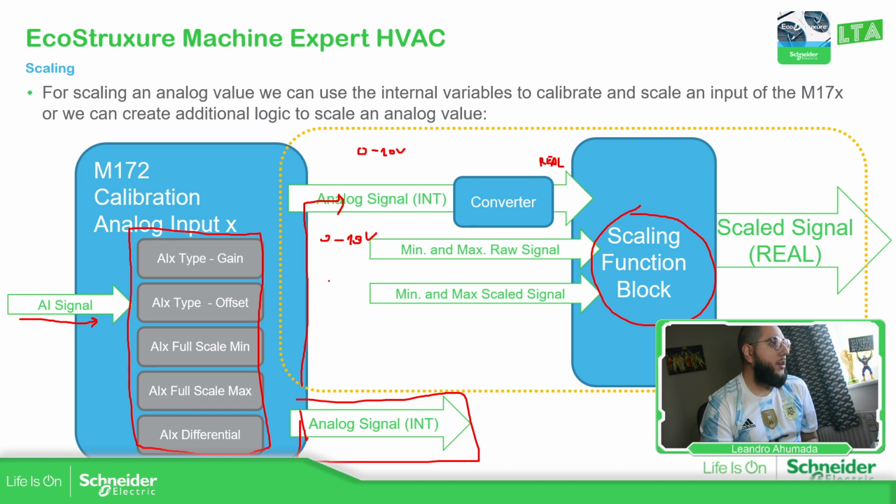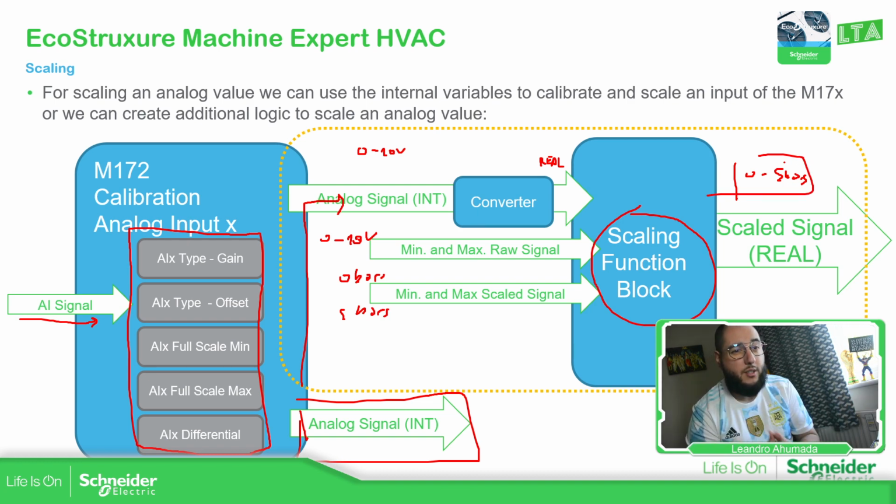For example, in this case a pressure sensor is going to be, I don't know, 0 bars, and then the other one is going to be, I don't know, 5 bars. So the scaled signal is going to be a real one from 0 to 5 bars. And then I can use this variable in my program. So basically that's the idea.